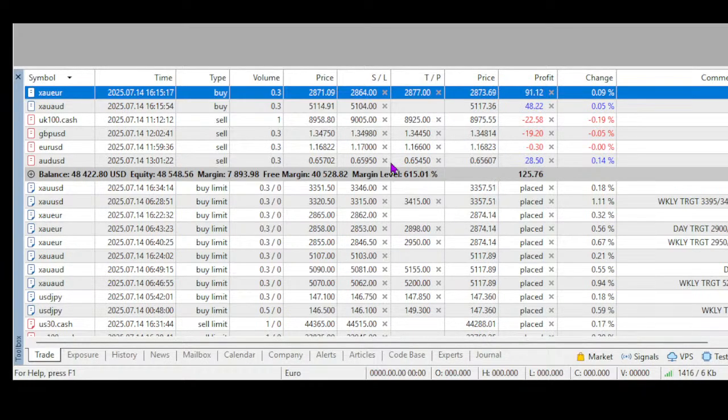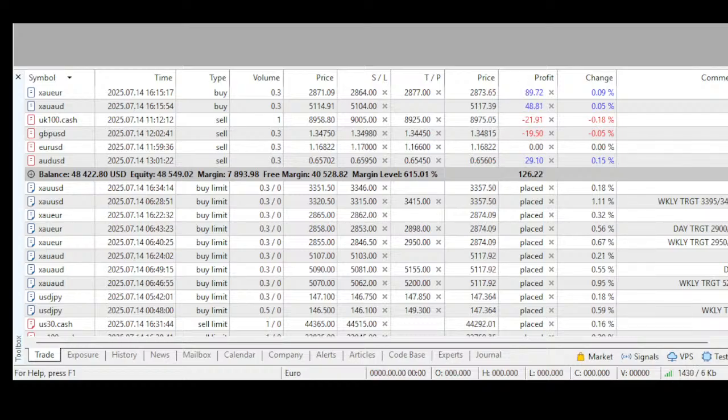Okay, so let's see the gold Aussie. The same thing. I want to take a profit at 25, then wait for a re-entry.